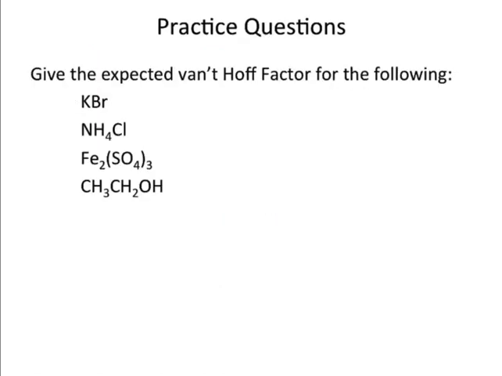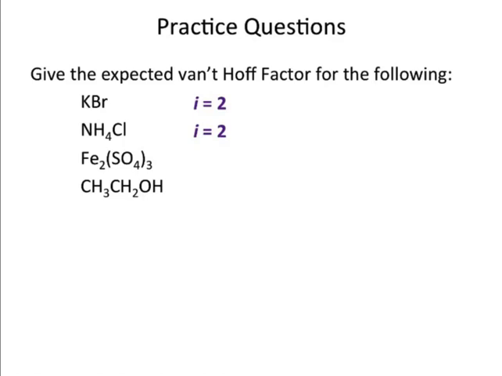All right. So now a little practice about the van 't Hoff factor. What the heck is it? So pause the video, think of what it is for each of these samples, and then we'll talk. All right, potassium bromide, you have K+, Br-, that's 2. Ammonium chloride, you're going to have NH4+, and then Cl-, and that makes 2.